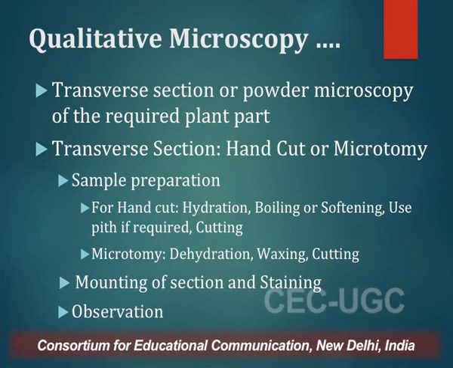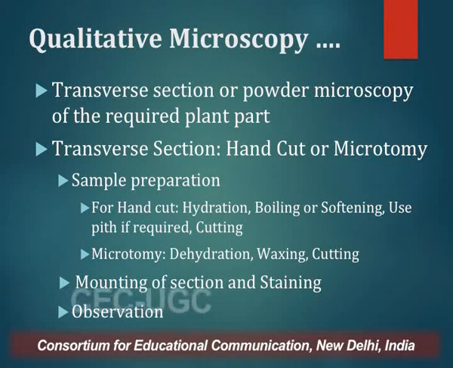Now coming on to the microtomy, where we use a microtome to cut the sections. Now the sample preparation technique in case of microtomy is altogether different, or opposite to what we saw in hand cut section or the manual section cutting.